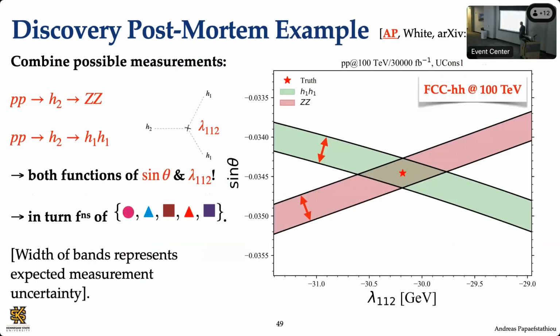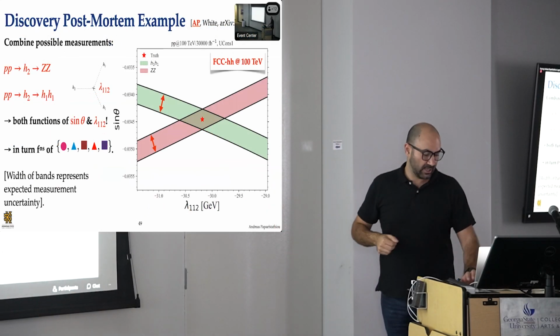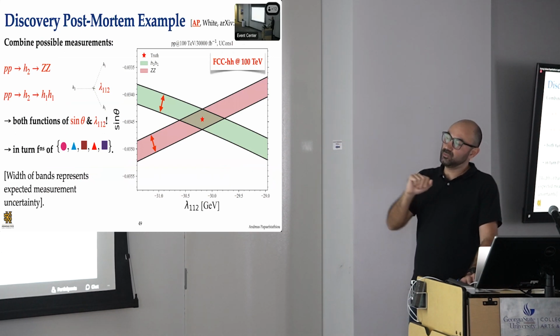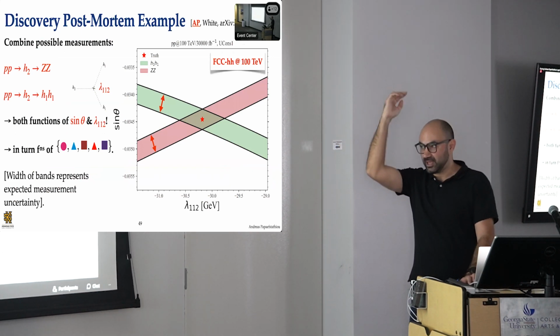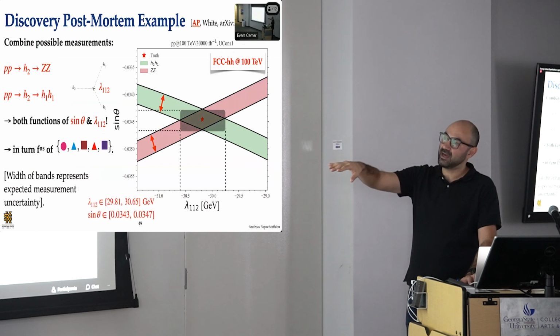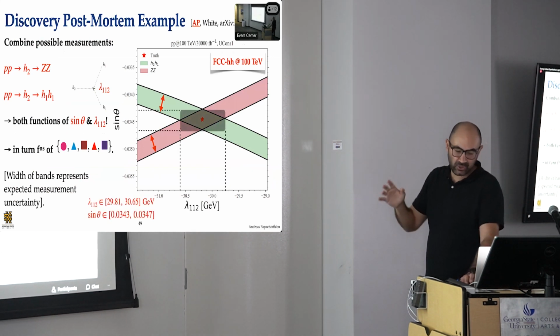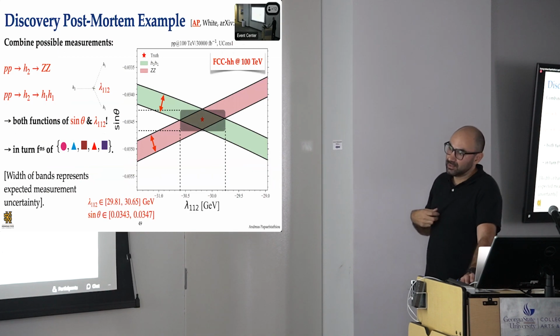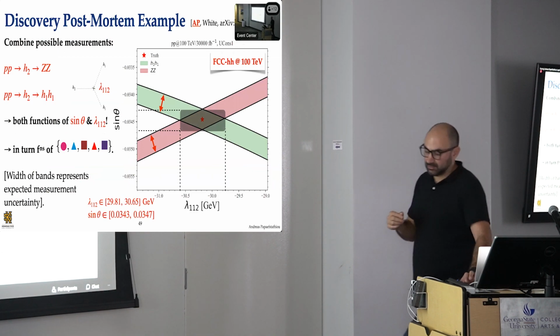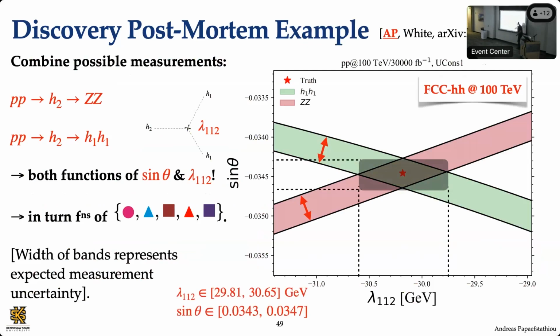So you can ask the question, if I plot these functions with the width of these bands being the uncertainty in the measurements, can I actually constrain these 2 parameters, lambda 1, 1, 2, what they are doesn't matter, and sine theta? And the answer is yes. The overlap of those 2 curves will give you a constraint on these 2 parameters. Just as an example of this exercise.